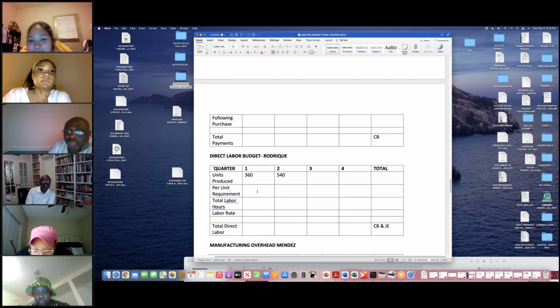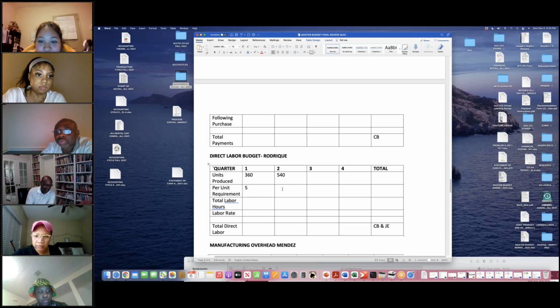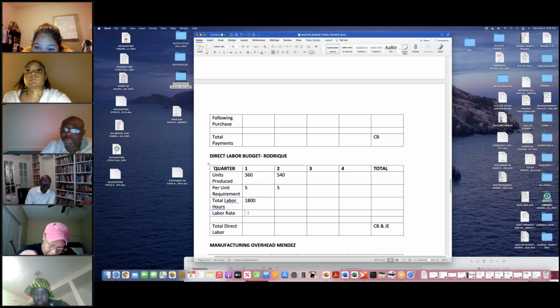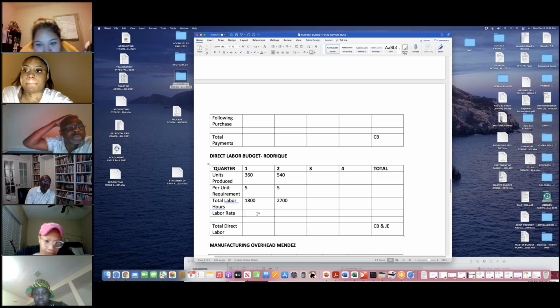Okay, so 5 hours per book, right? So it's 5 per unit requirement. Okay. So total labor hours, I multiplied 5 times 360 and I got 1,800. And then I also multiplied 5 times 540 and I got 2,700 for the second. Then the labor rate is $20.